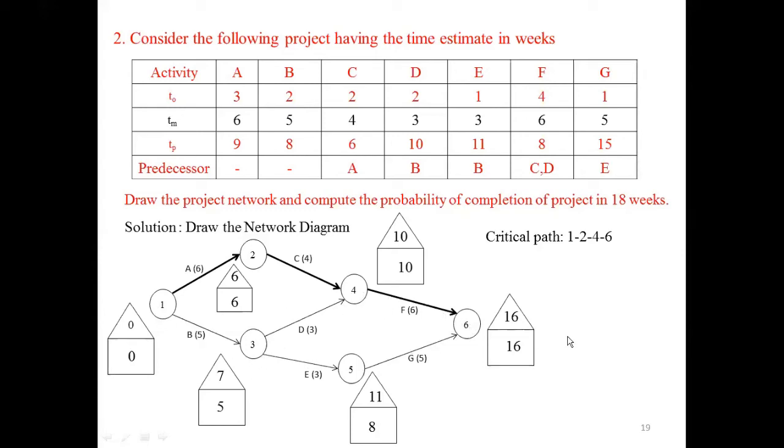That is, you have three different paths. Out of these three different paths, if you calculate the value, the path 1, 2, 4, 6 will get the maximum. And hence that path is identified as the critical path.